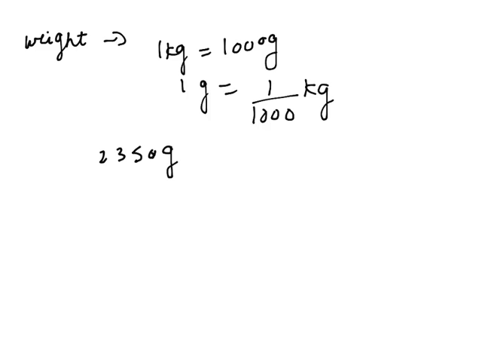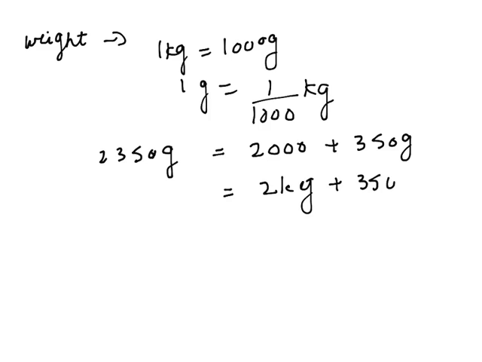There are two methods. We can write it as 2000 plus 350 gram. Now 2000 gram we can write as 2 kg, and 350 gram we can write as 350 divided by 1000.